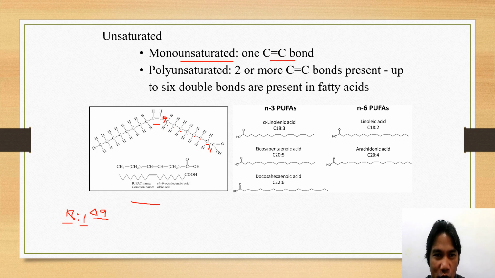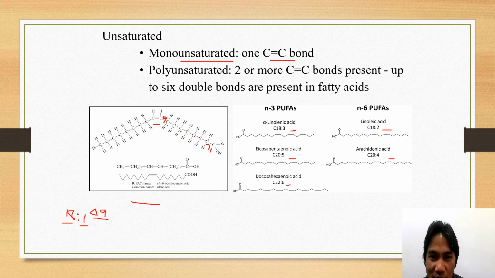So this is called a monounsaturated fatty acid. Now, right here are examples of polyunsaturated fatty acids. They are called PUFAs, namely linolenic acid, linoleic acid, eicosapentaenoic acid, arachidonic acid, and docosahexaenoic acid.